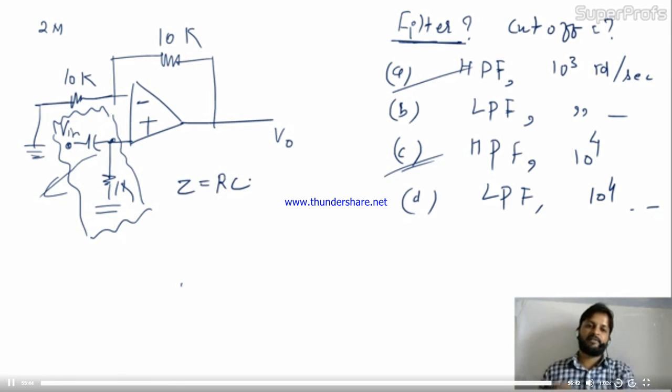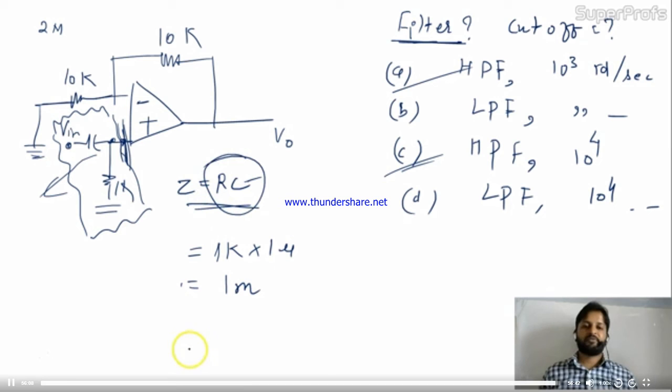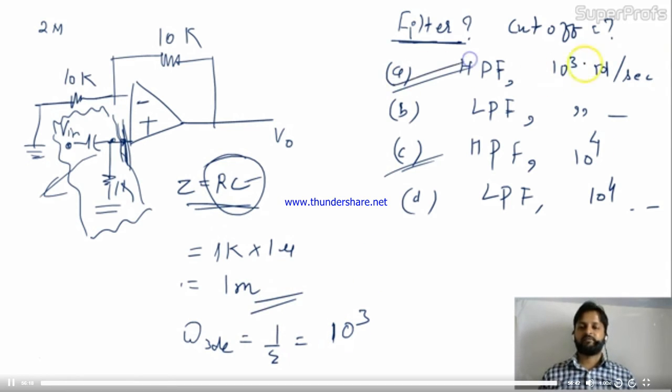The circuit is disconnected over here because the current taken by the op-amp is always 0. So you have time constant R into C. R is 1K and C is 1 microfarad, so it will be 1 milli. So 1 milli is your time constant. Now your omega 3 dB is 1 by tau, so it will be 10 to the power 3. So for this question, the answer is HPF with cutoff frequency 10 to the power 3 radian per second.